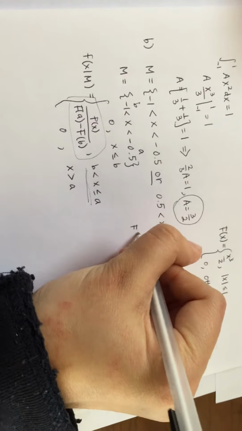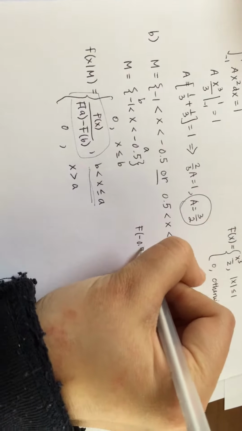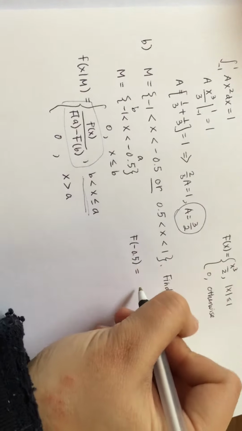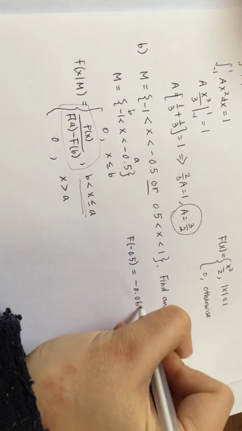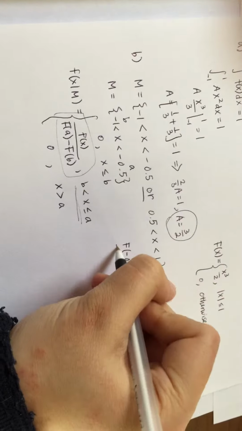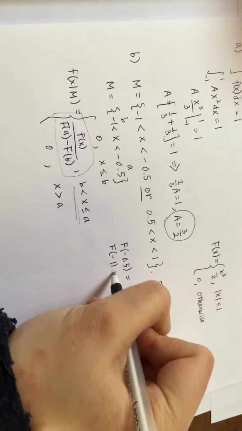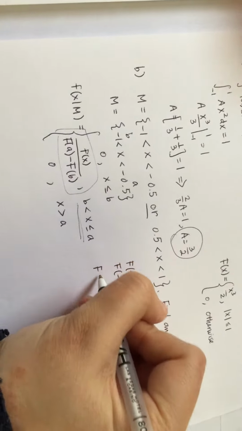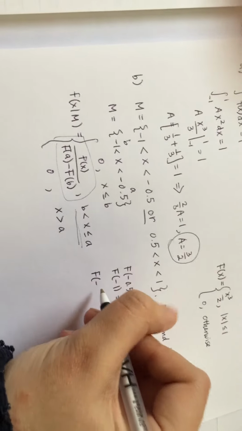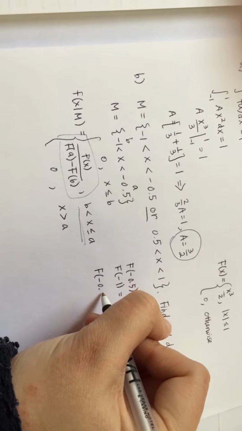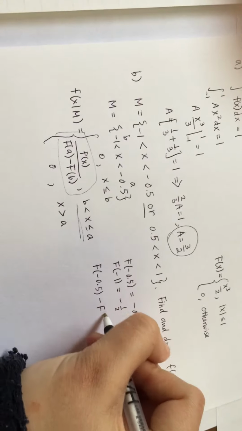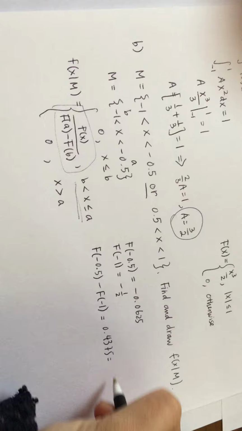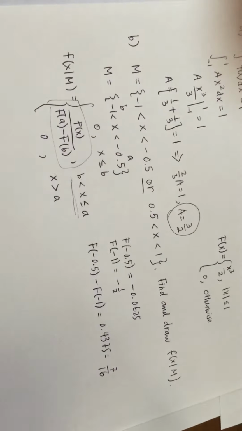So we use this formula to find f of x on the condition of m. When we put -0.5 into the distribution function that we found above, we see that it's 0.0625. And then we do this for -1, which we find to be 1/2. So when we do F of -0.5 minus F of -1, we say that it's 0.4375 or 7/16.